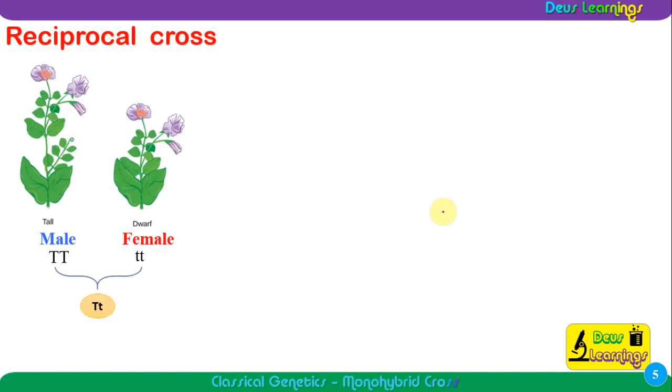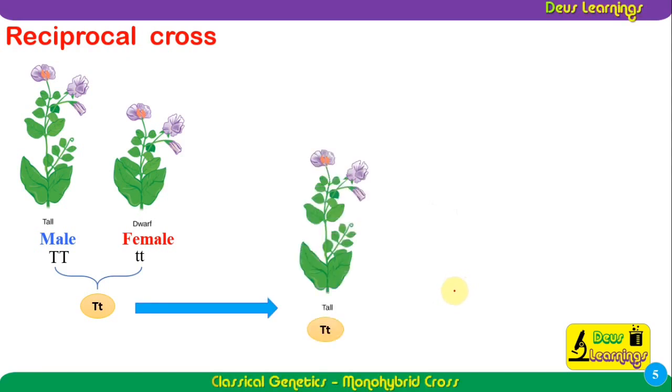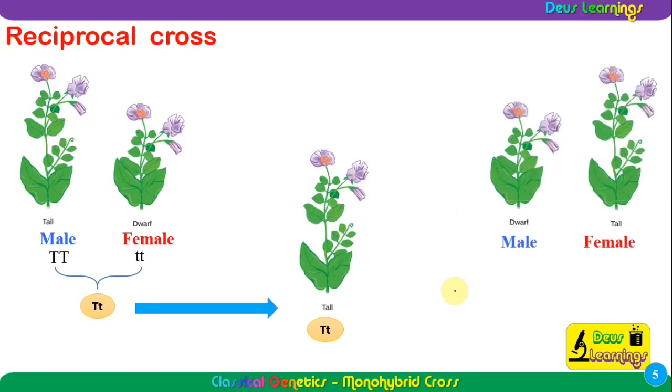If we interbreed them, we get a hybrid plant with a heterozygous genotype. But what if we change the gender with the genotype of the plant? That means we cross a dwarf male plant with a tall female plant.